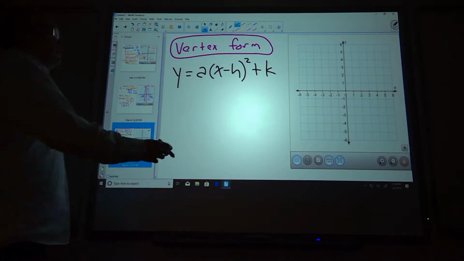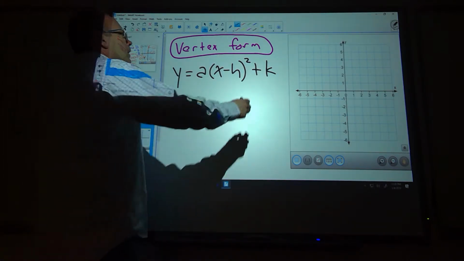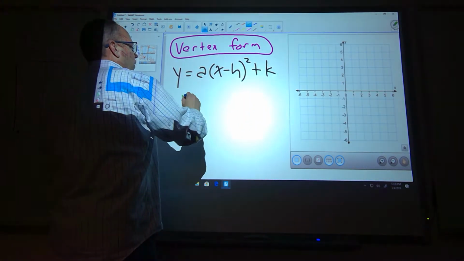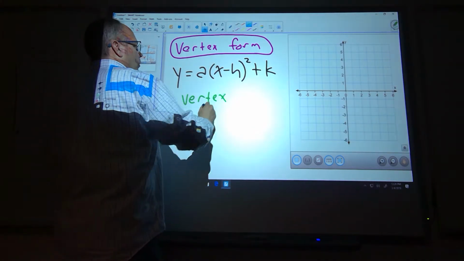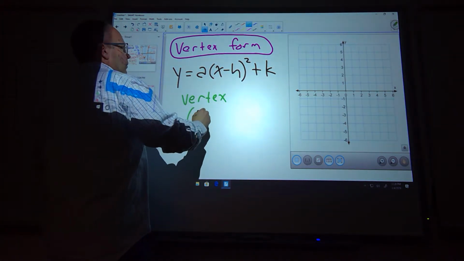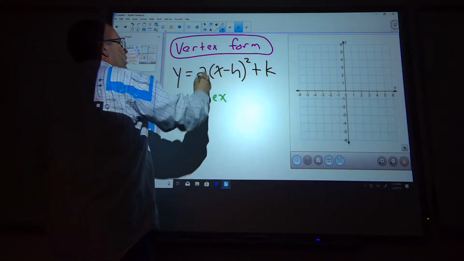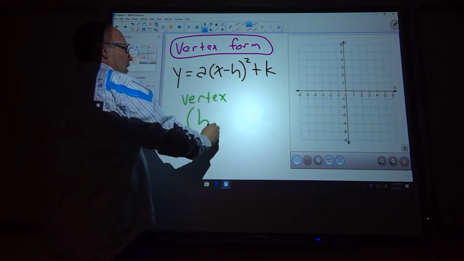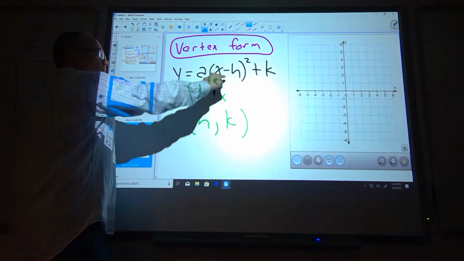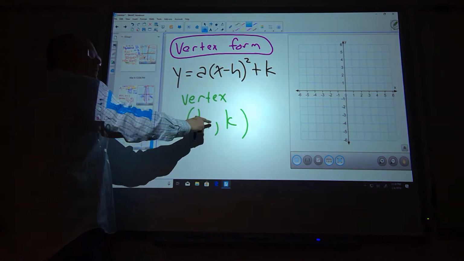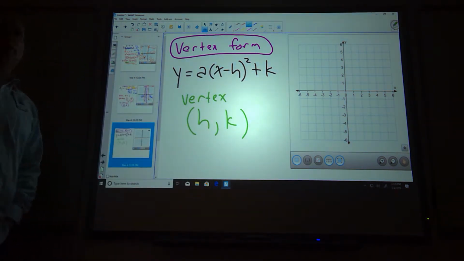So if I have something in vertex form, it's going to say, hey, my vertex will always be H, comma, K. So it's opposite of that. It was a negative H, now it's going to be positive. H, comma, K.